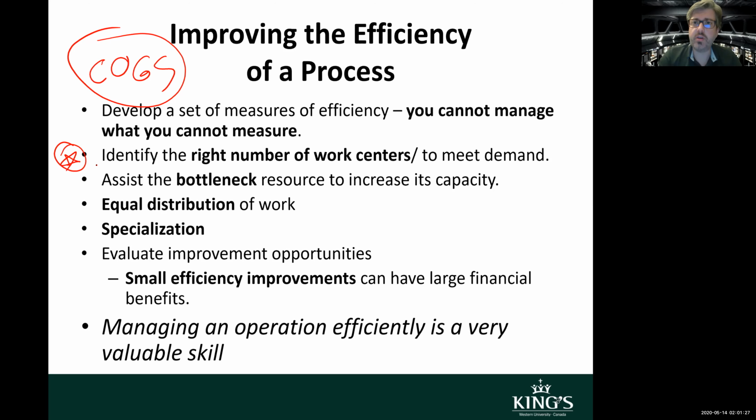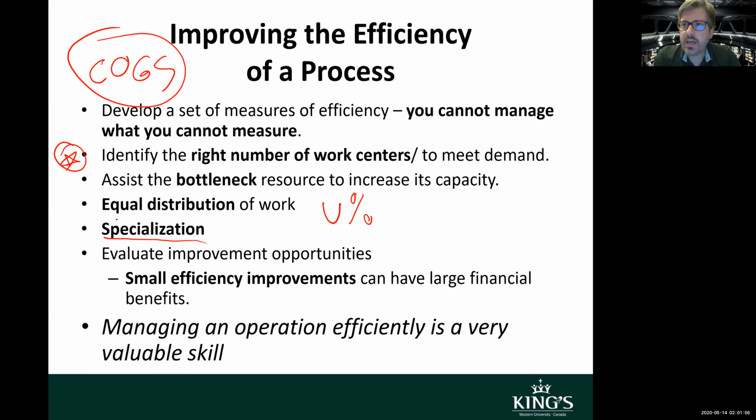Another way that you can improve your process is by equalizing the distribution of work, meaning most steps along your process should be roughly at around the same utilization rate. That is a key.